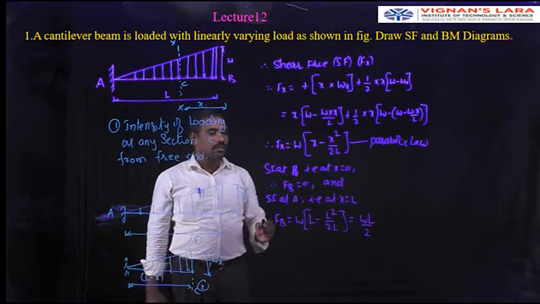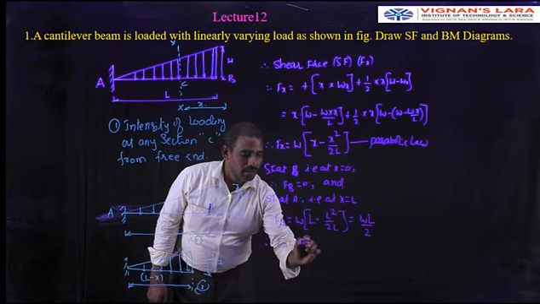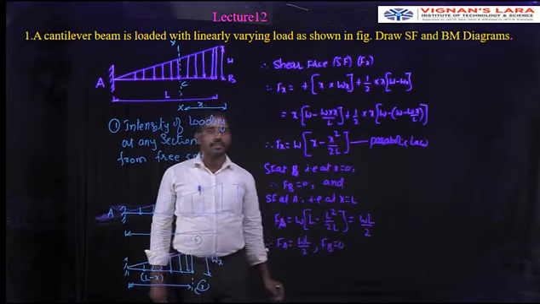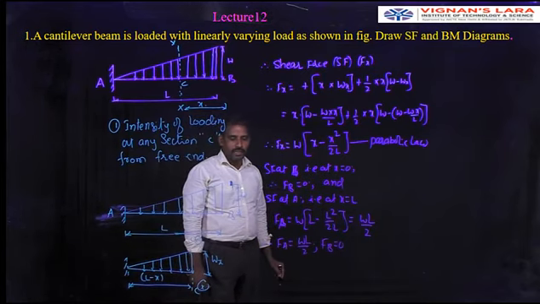So we know the shear force at A, that is FA is equal to WL by 2, and at B it is 0. Then you can draw the shear force from the values at A and B.